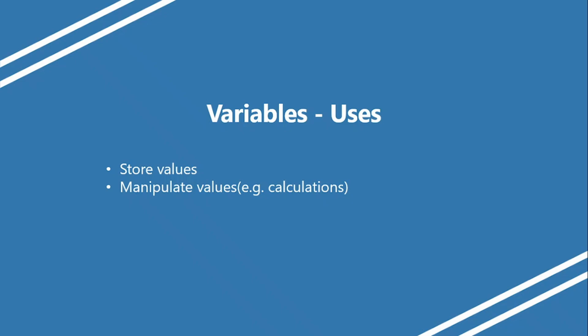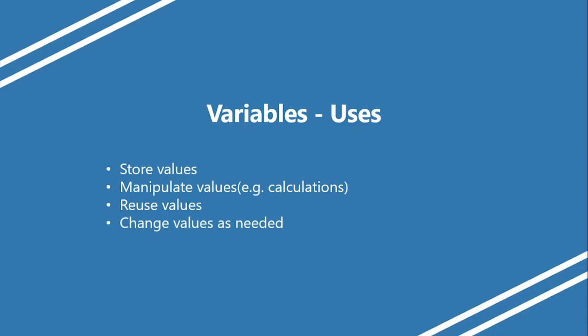So we can actually manipulate variables. And we can reuse values, or we can reuse the variable itself. Given that we have x in our example, we can use x in multiple lines of our code. And finally, we can change values as needed.